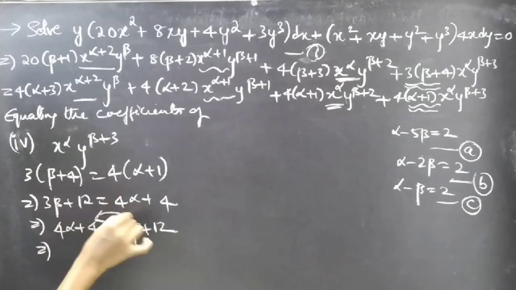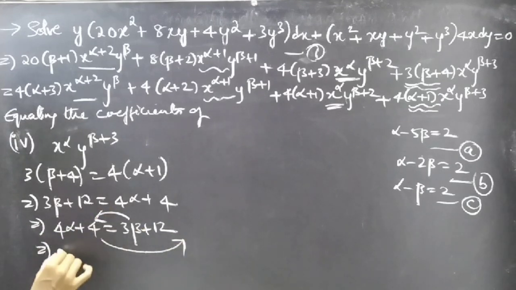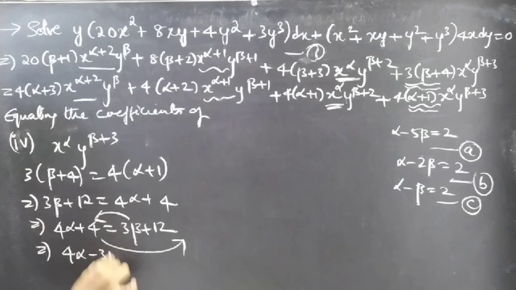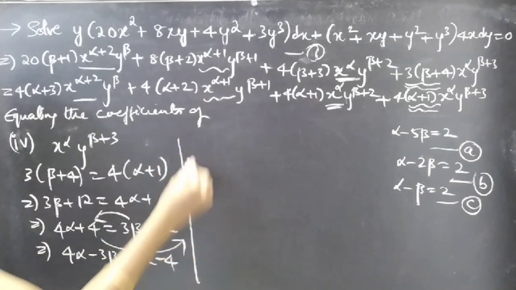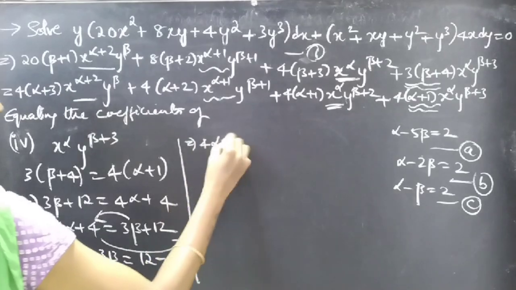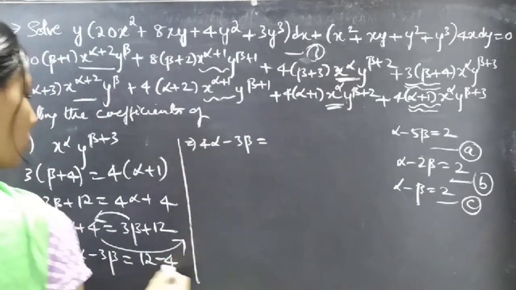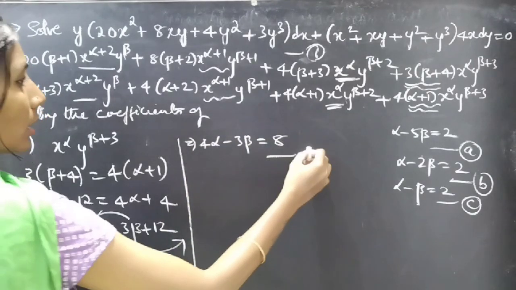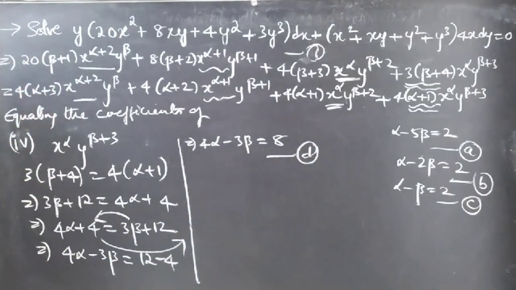Now bring this 3 beta to LHS, take this 4 to RHS, you'll get 4 alpha minus 3 beta equal to 12 minus 4. From this you'll get 4 alpha minus 3 beta equal to 8. Consider this as equation D.